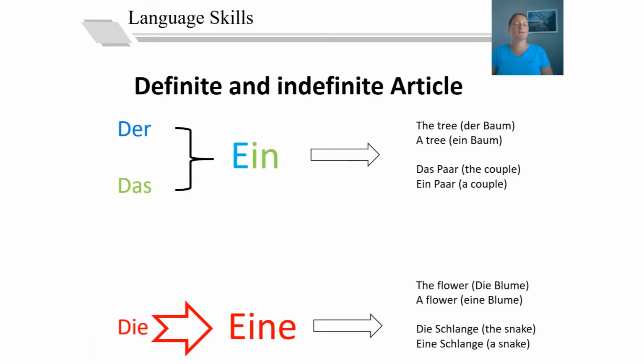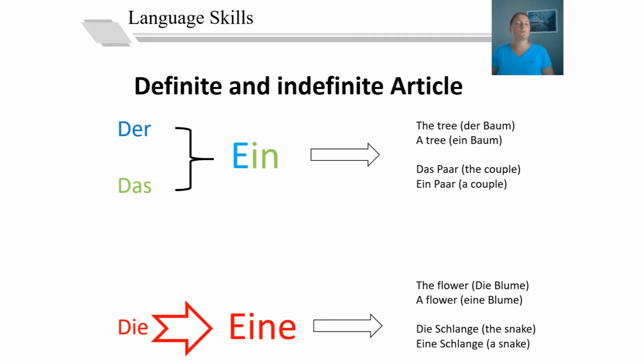Let's have a closer look at that. Der and das, these two definite articles in the German language, share the indefinite article ein. An example for that could be the tree, der Baum, a tree, ein Baum. Das Paar, the couple, ein Paar, a couple.